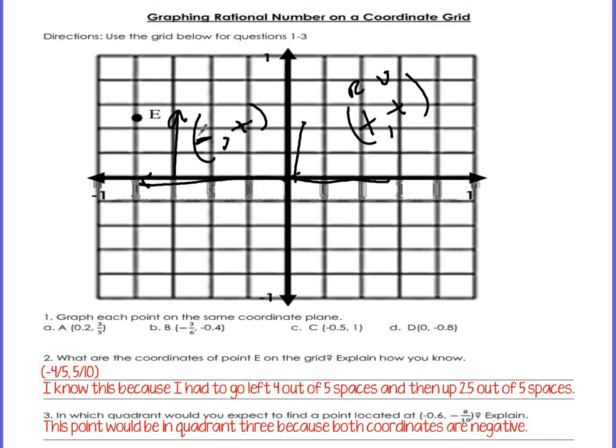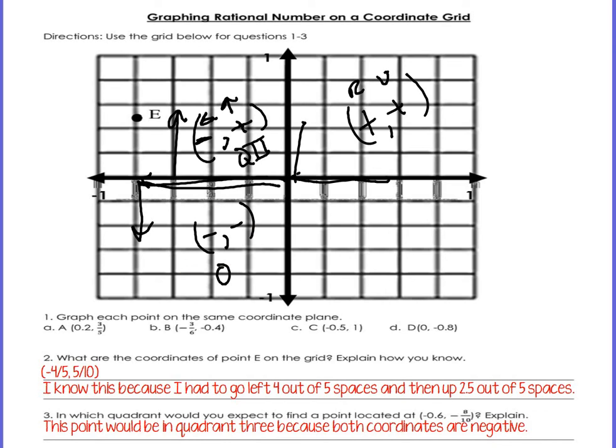So any ordered pair that has a negative then a positive is going to be in quadrant 2 because I have to go left and then up. Now here, like we just said, we're going left and then down, so it's going to be negative, negative, because both of those are negatives on the number lines.